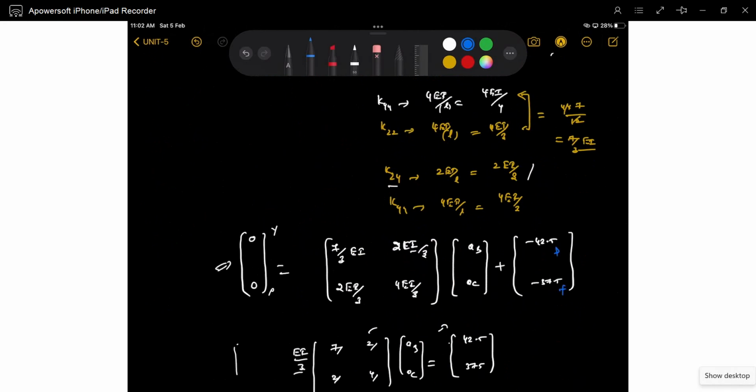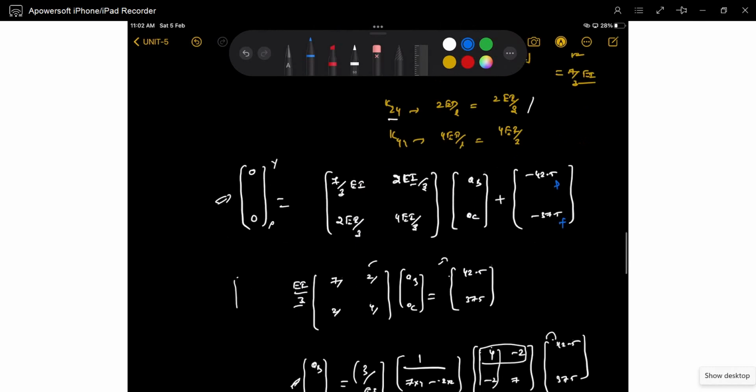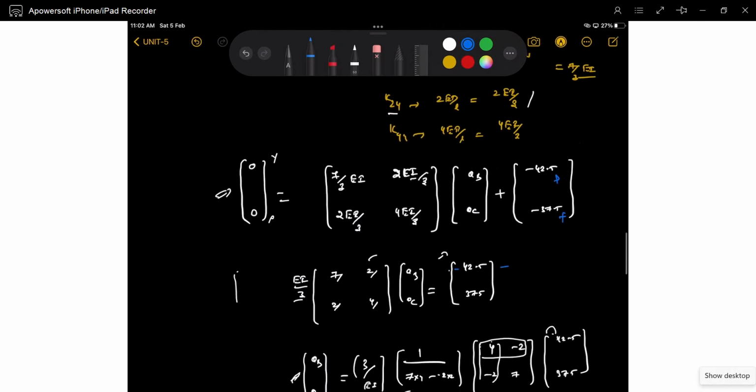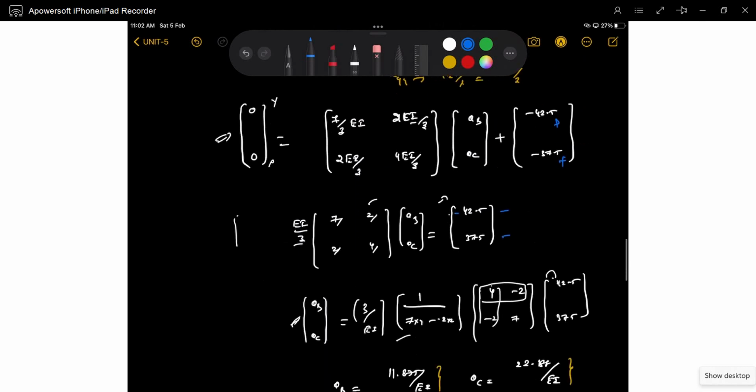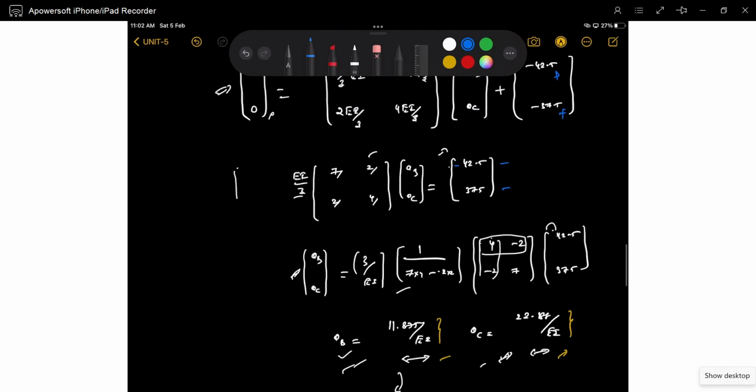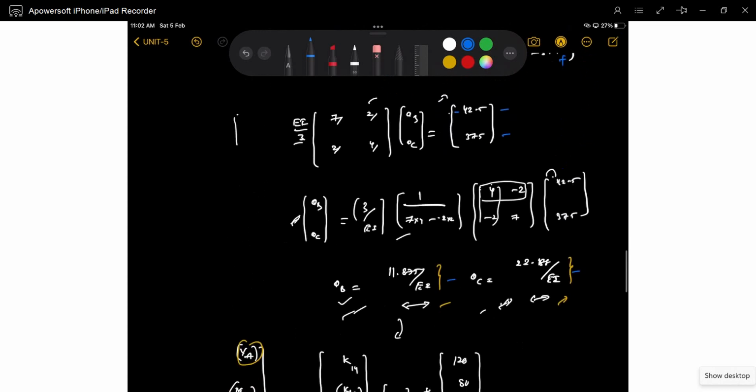If you change the sign conventions, if these two are positive, here you will get negative values. Values don't change. If you change this, there is no change in the flexibility matrix. I said stiffness matrix. Here you will get negative.